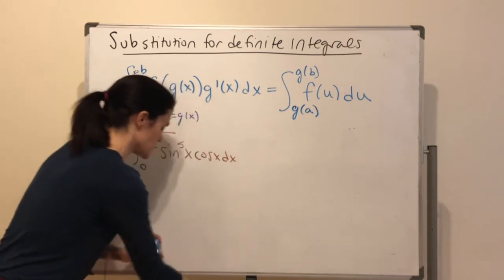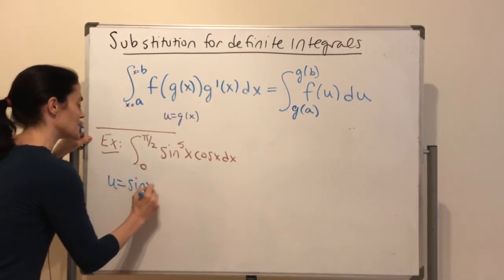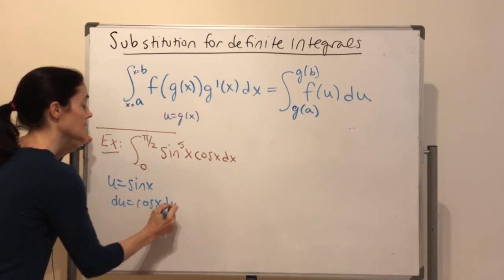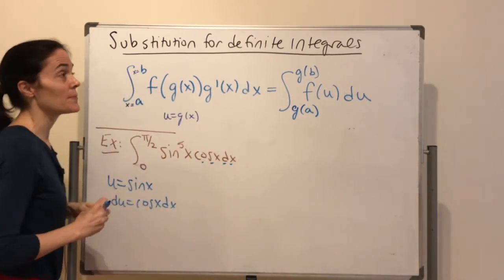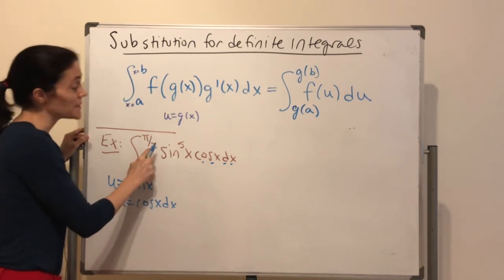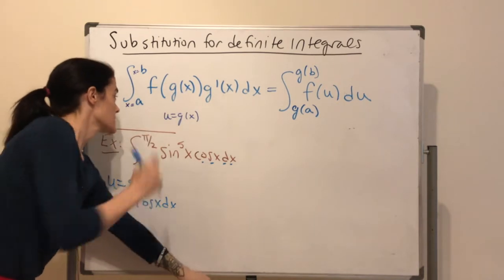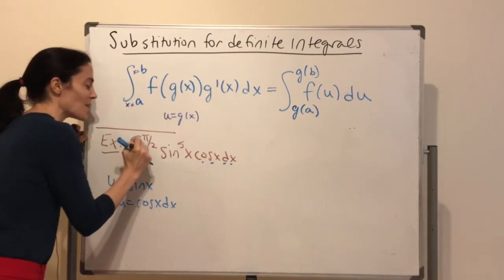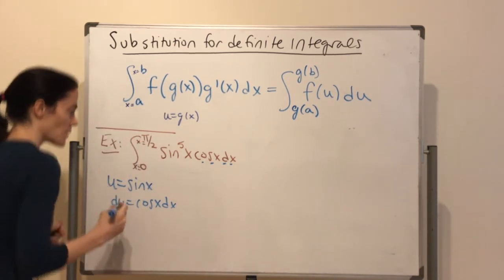It starts, sorry about that, as u is sine x, du is cosine x dx. We have exactly du in our integral. But then I need to change the lower limit and the upper limit to u limits, because just as it says above, this is from x equals 0 to x equals pi over 2, okay? So let's do that part now.